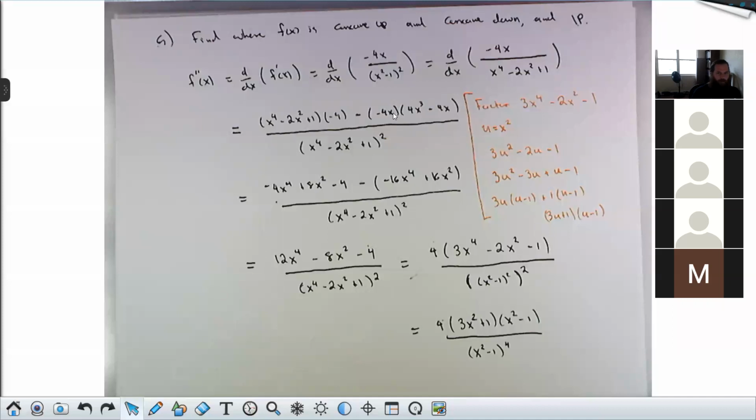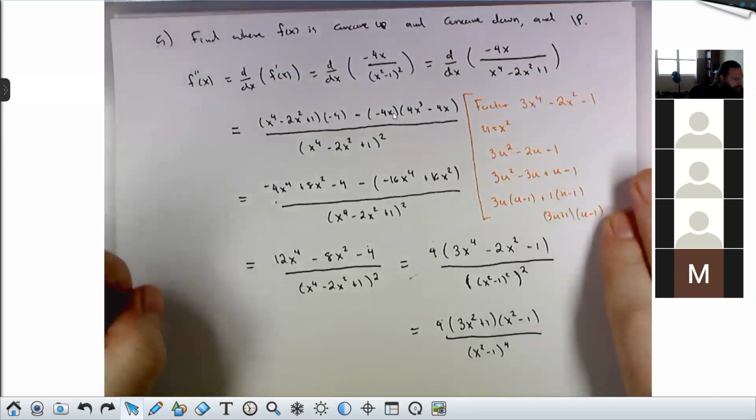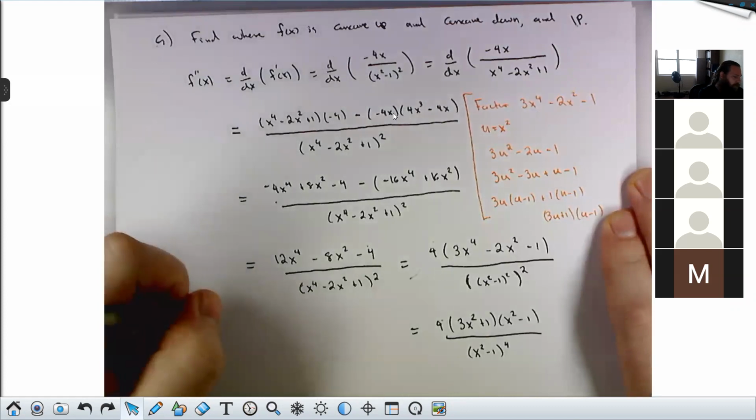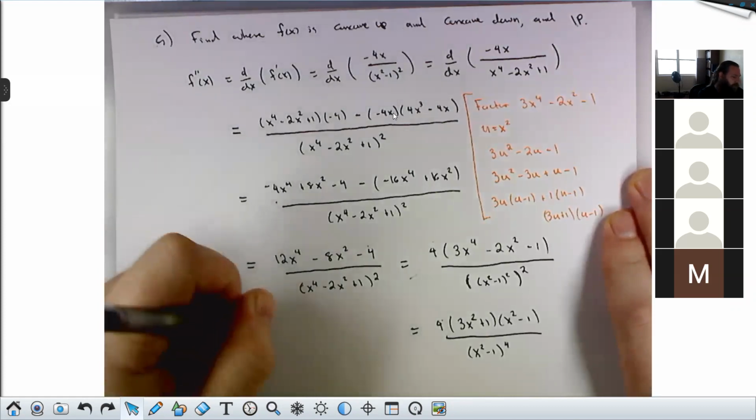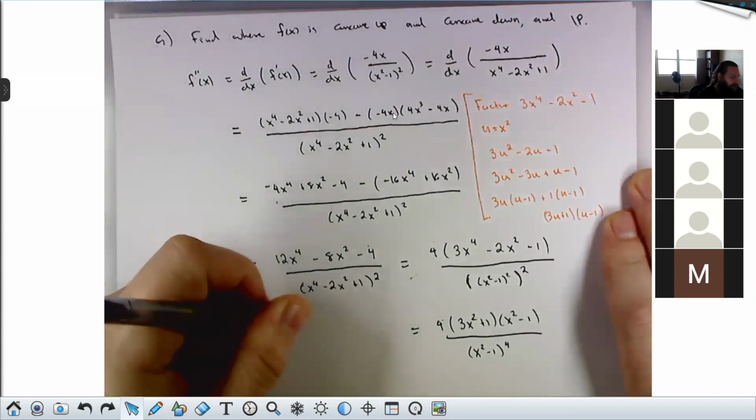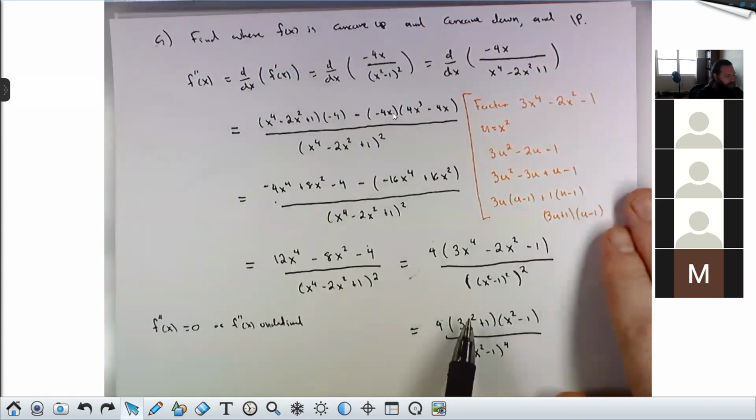So my critical numbers for f prime, the places where f double prime is equal to 0, or where f double prime is undefined, these will come from setting each of these pieces to 0.